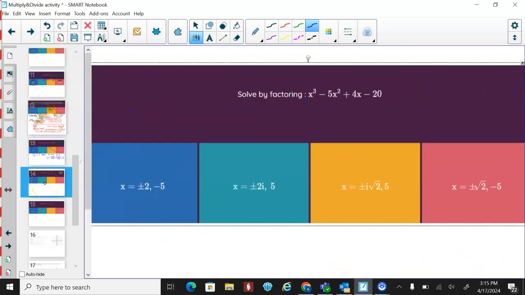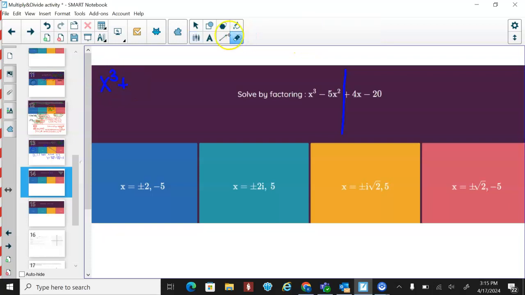All right, so solve by factoring. This is a cubic function, so we're going to do grouping, which means we're going to split this in half. We're going to take the first part, x cubed minus 5x squared, and then the second part is 4x minus 20. We're going to take a greatest common factor out of each. So we have an x squared here that we can take out of x cubed and negative 5x squared.